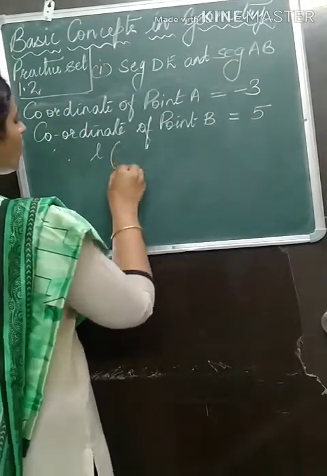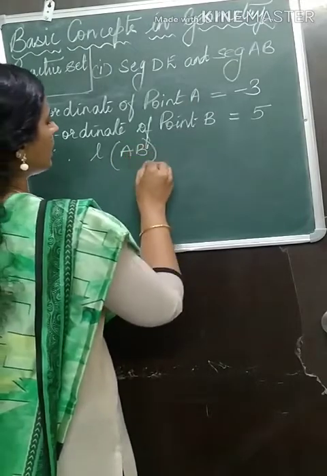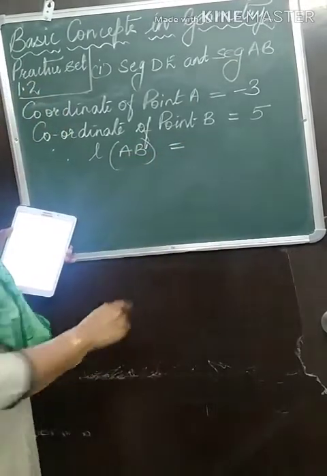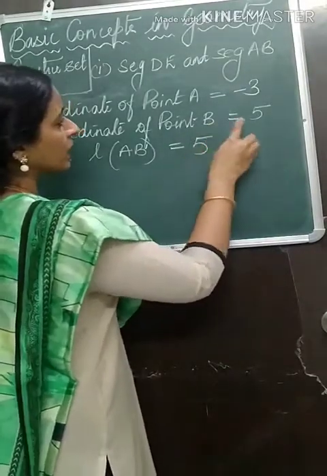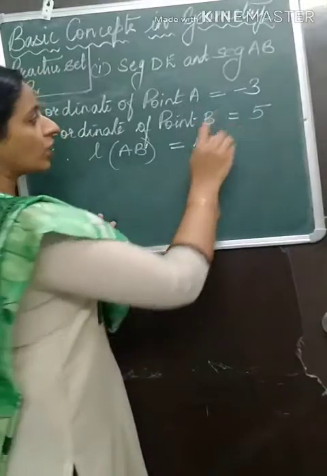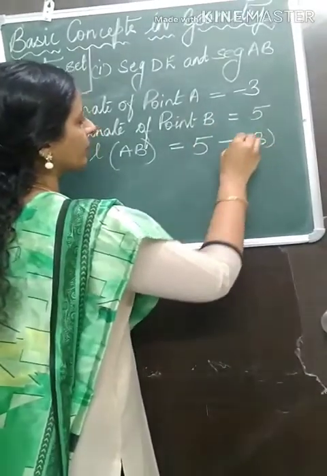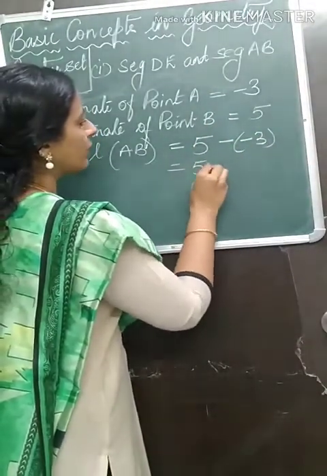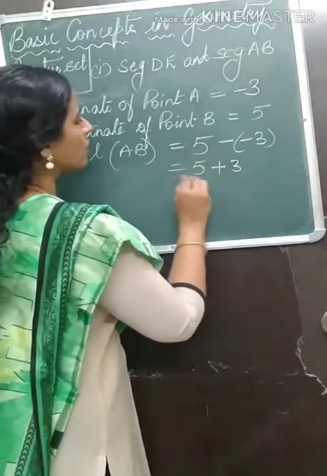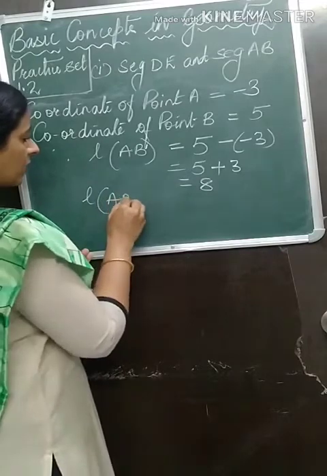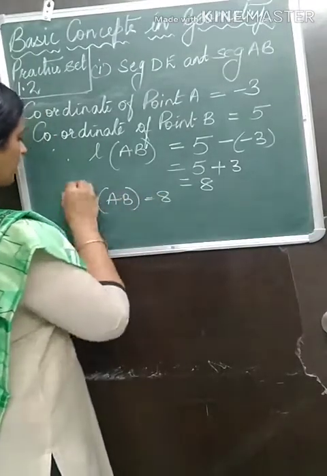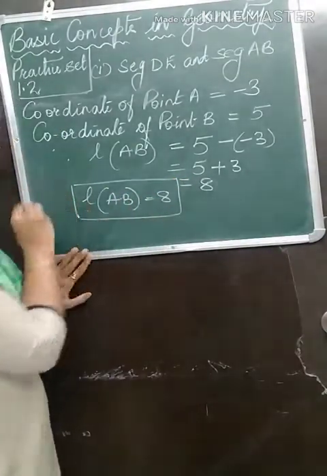Therefore, length of AB is equal to bigger number minus smaller number. That is 5 is bigger, minus the smaller one, -3. So you get 5 plus 3 which is equal to 8. So length of AB you got 8. This also you will put in a box.